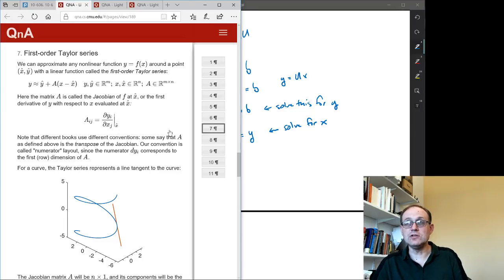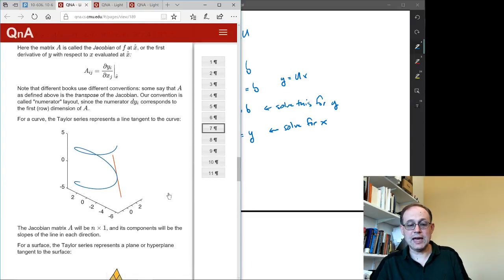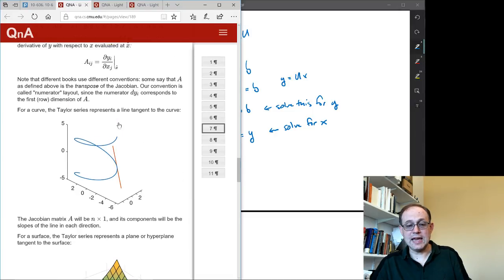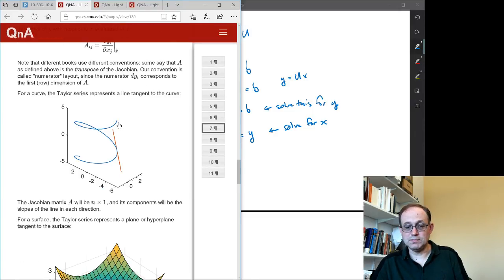Just to warn you, there are some books that use the opposite convention from what we just described. Some take the Jacobian to be the transpose of the matrix that we just gave. Just watch out for the differences. Unfortunately, there's not a uniform standard. If we look at a curve, the Taylor series represents a line that's tangent to the curve, and A is going to wind up being the matrix of partial derivatives.